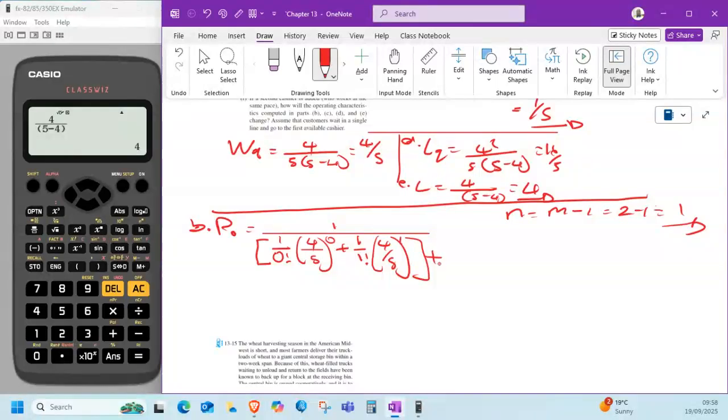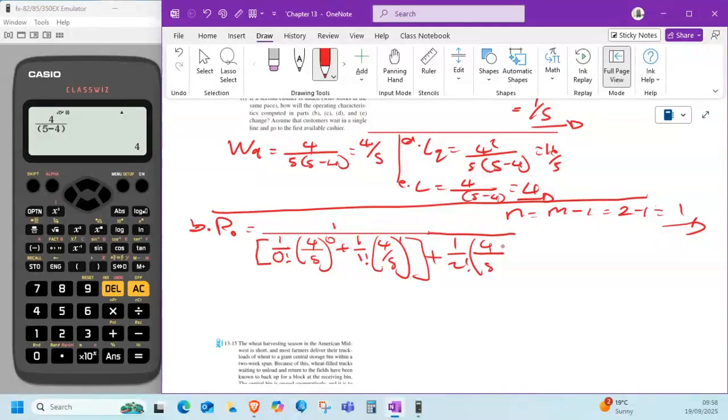Close bracket plus. Then you do the rest of the formula. 1 over 2 factorial. M is 2.